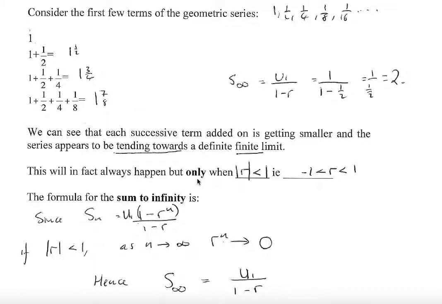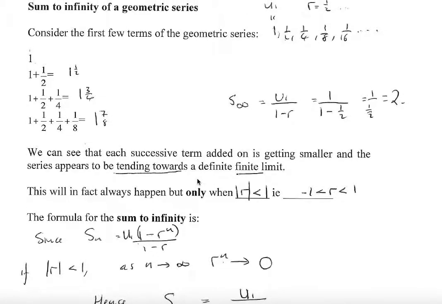Certain things have to be true for this to occur. What has to be true is that each term in this series has to get smaller and smaller and smaller. Otherwise, when we added them on, they wouldn't be of reducing significance.